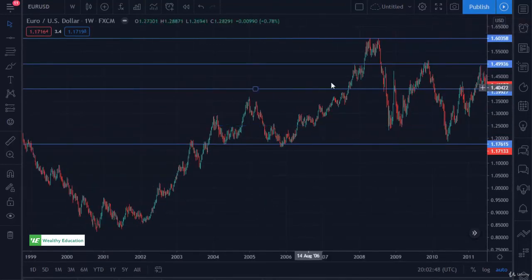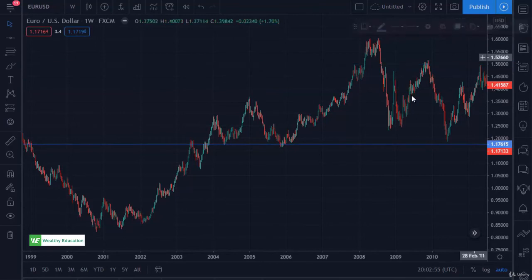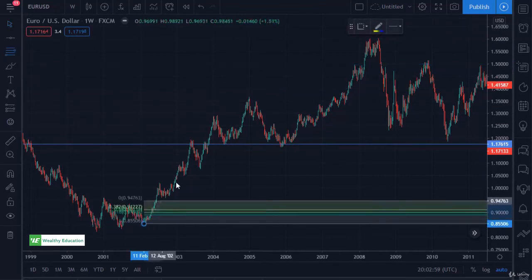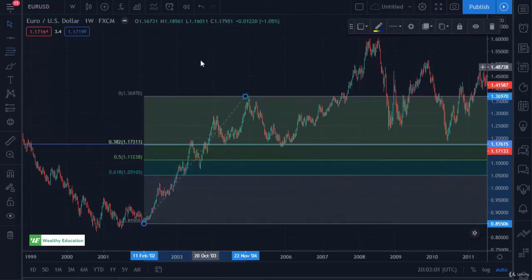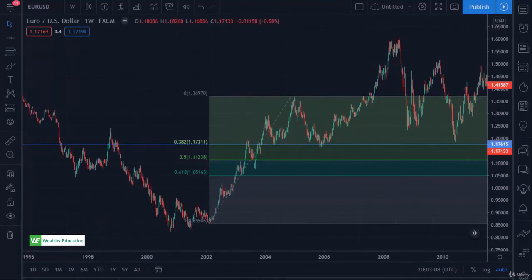So looking in the other direction, I'll get rid of some of these distractions here. So I see a swing low before we took off to here. And notice how the 38.2 is right there. And okay, so why does this price matter? Well, you can see that markets peeled back from there multiple times and found support right here.